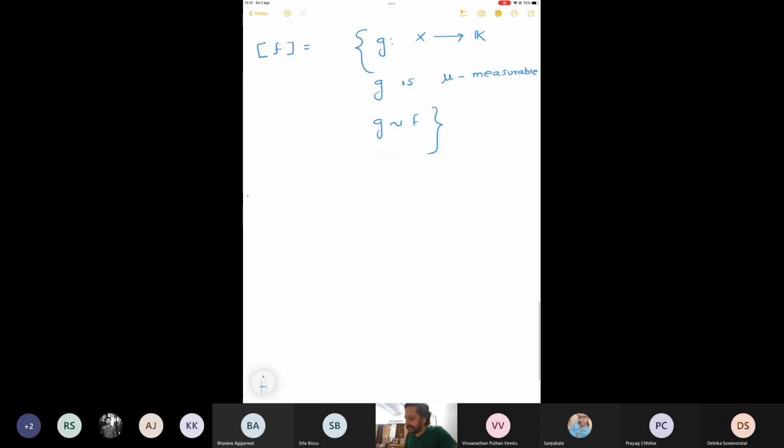Now also recall that equivalence classes are either disjoint or identical. If they have a common element, then they should be exactly equal.